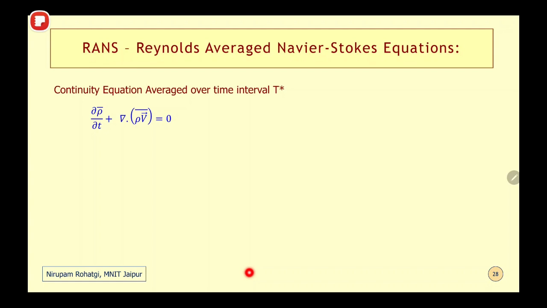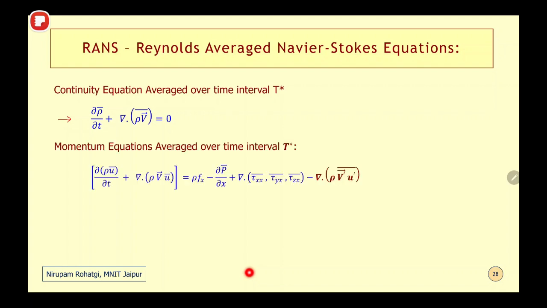Now look at this equation. This is the continuity equation. Here we are not assuming fluctuation in rho, so there would be no change here. If you are doing the averaging, the components you have are rho average and one velocity average, so it is made up of two variables.